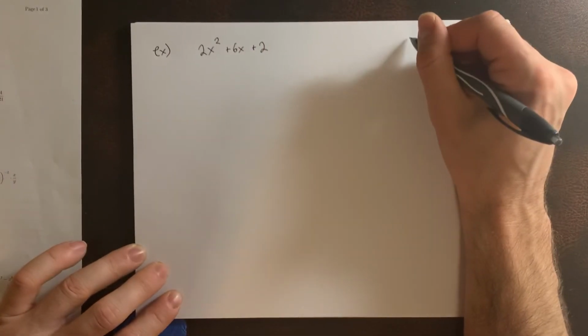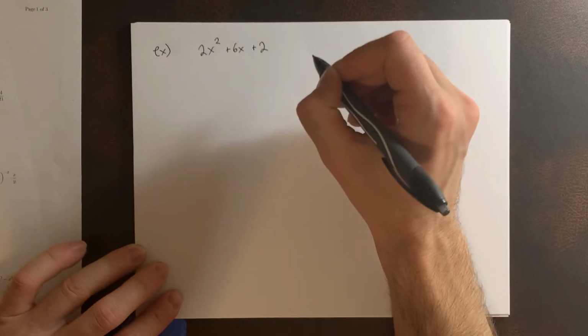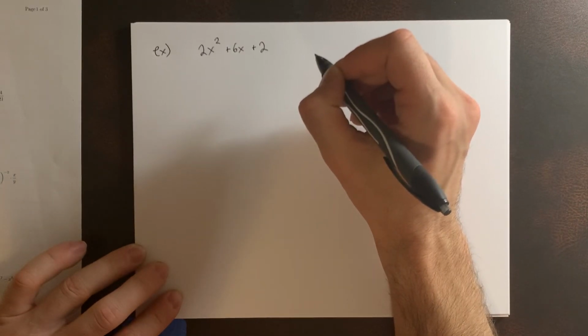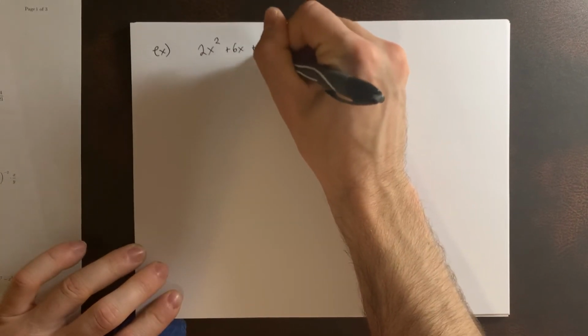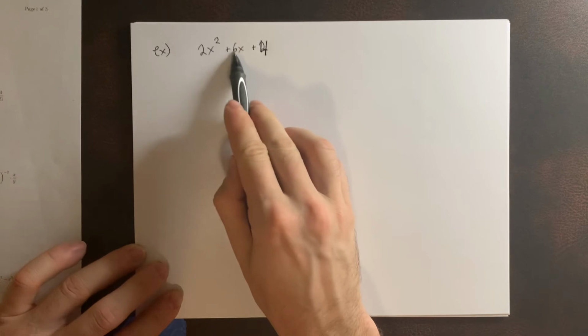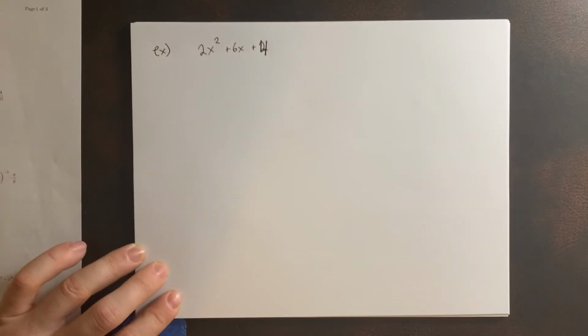We want to do a 4. So 2x squared plus 6x plus 4.